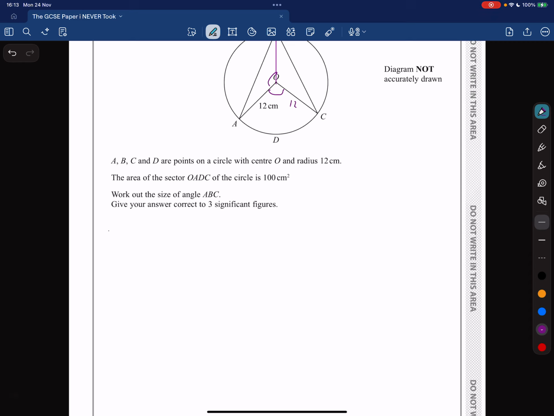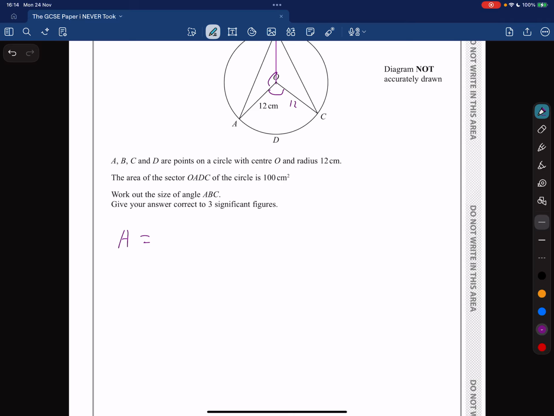So we have area is equal to theta, that given angle there, divided by 360 times pi r squared. Therefore we have 100 is equal to, well, actually keep it as A. No, I've got this a little bit wrong.